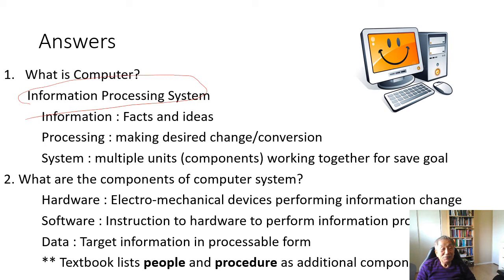Information is some knowledge, facts and ideas, something worth knowing about, some valuable facts or ideas. Then processing is making some desirable changes or conversion.